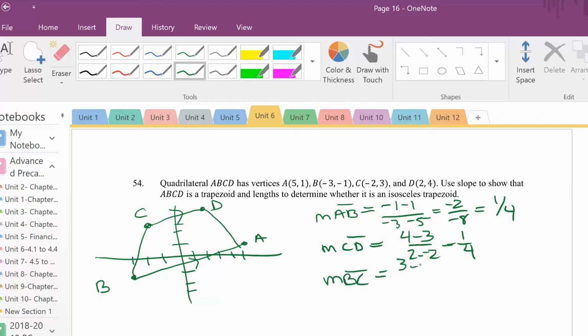BC is 3 minus -1 over -2 minus -3, so it's 4 over 1, which is 4.